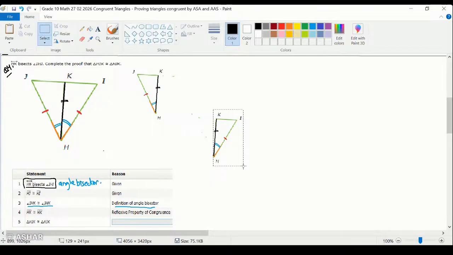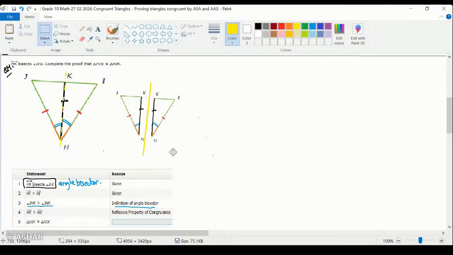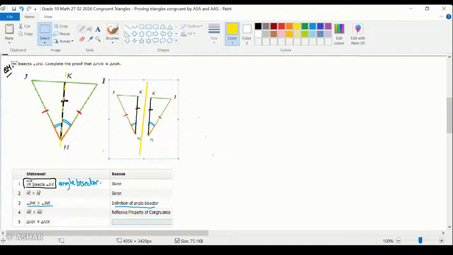Agreed? If I would make a line of reflection in the middle, they're still a mirror image. But if I say the line of reflection was this common line, are they still a mirror image of each other? Yes, they are.